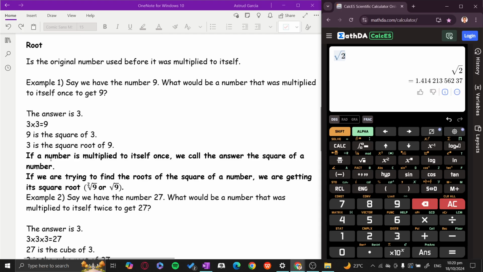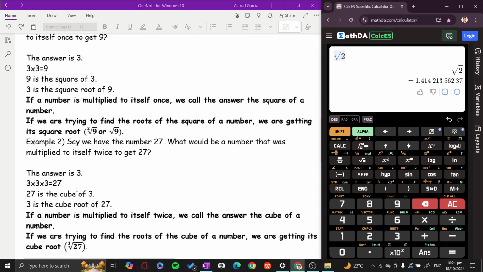So if a number is multiplied to itself once, we call the answer the square of a number. If we are trying to find the roots of the square of a number, we are getting its square root, or it looks something like this if we express it as a radical expression.